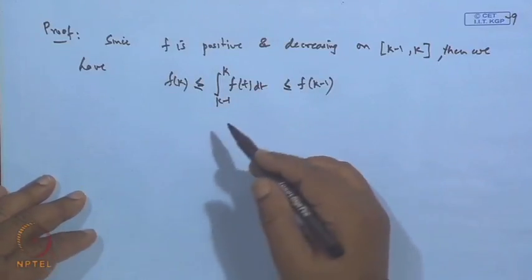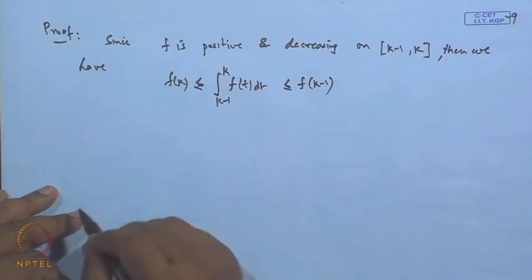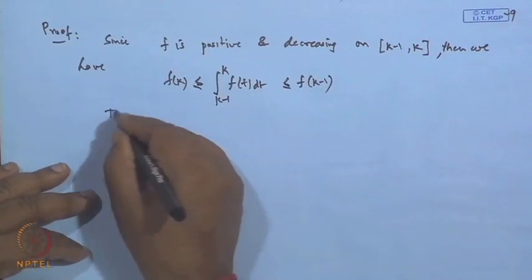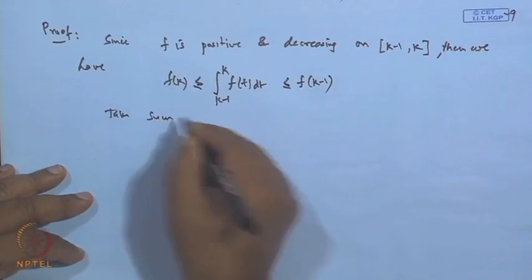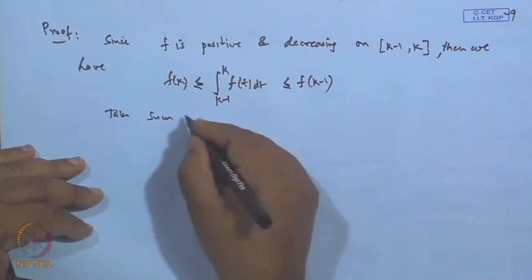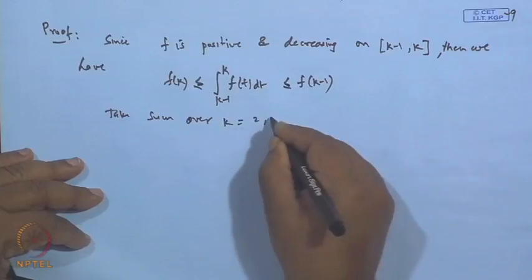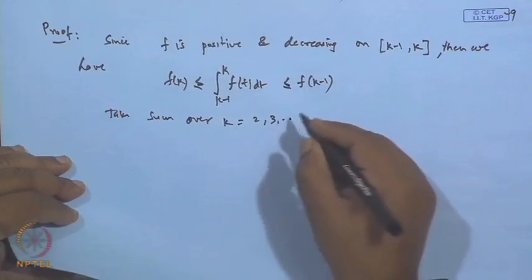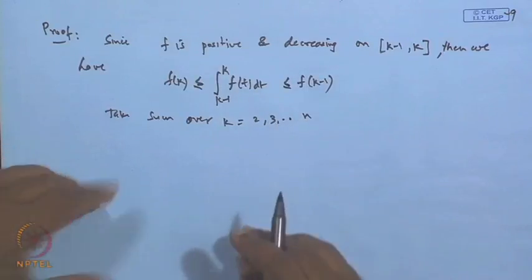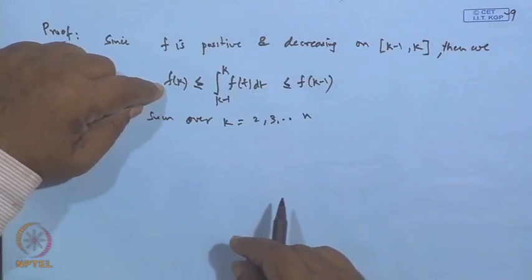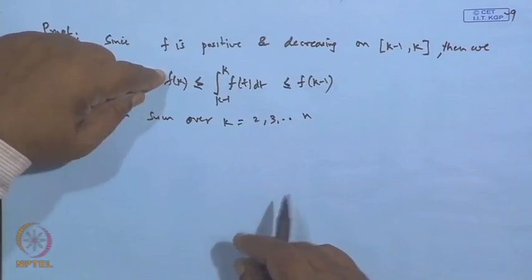Now let us take the sum over k varying from 2, 3, up to n. When you take the sum, sigma k equal to 1 to n is S n.